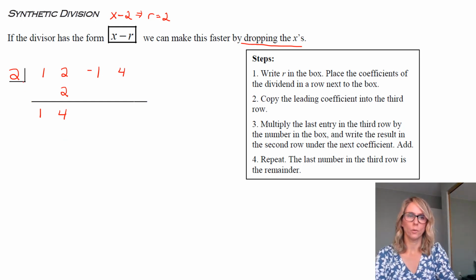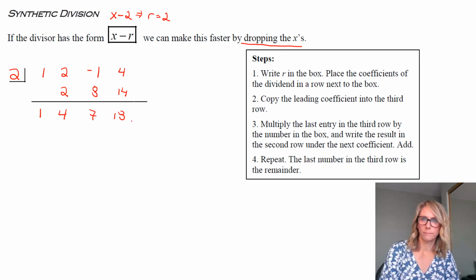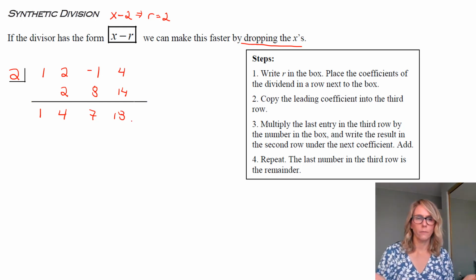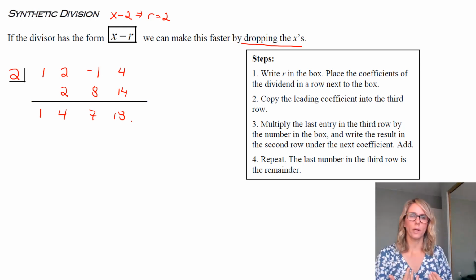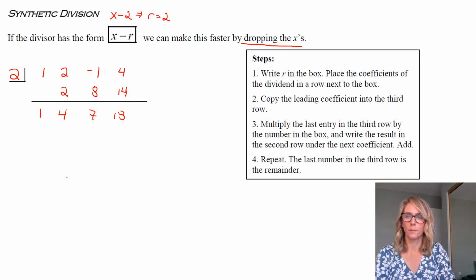And then you repeat 2 times 4 right here, and add. 2 times 7 right here, add. You're done, okay? That's pretty fantastic. You have to be able to interpret it, like what this means, but it does work.